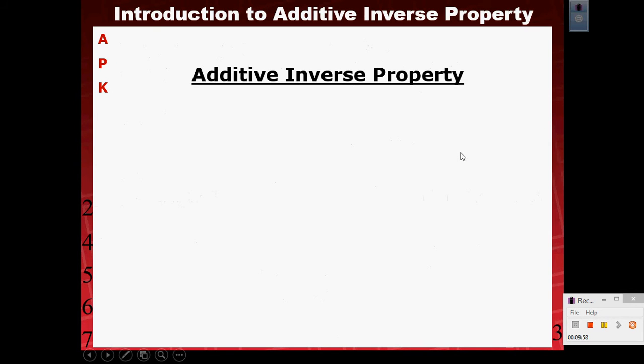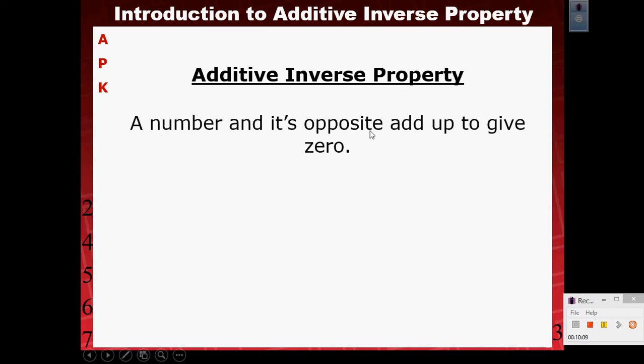So, the first property that we covered in the video, I mentioned, is called the additive inverse property. You're just paying attention for this part. You're not writing anything down. And I said the additive inverse property is a number and its opposite that add up to give 0. How does that look with algebra? A plus negative A equals 0. And with numbers, I introduced it like this: 7 plus negative 7 equals 0. Remember that?